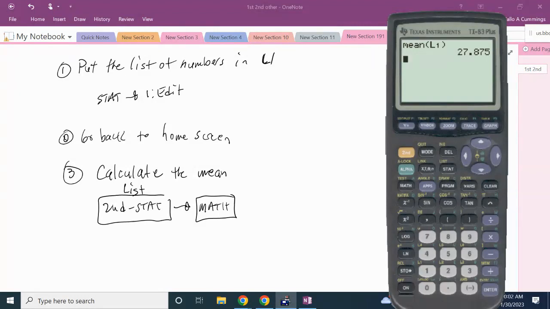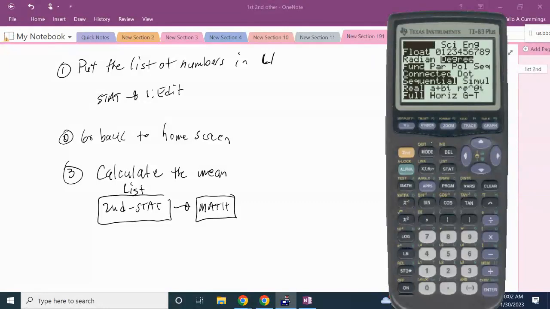Now there is a way you can make the calculator round. I'll just show you that. If I go into mode, I just hit this mode button. And if I go down to float, here's what this float means.